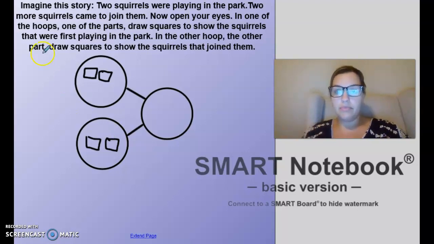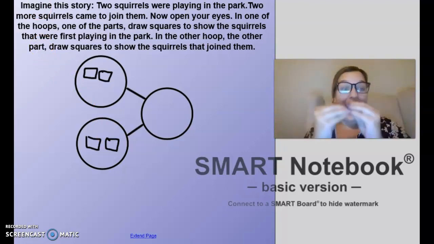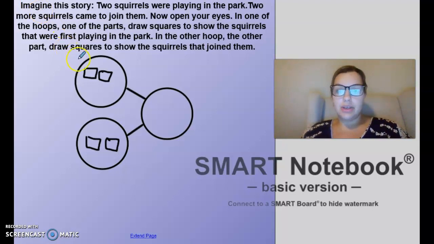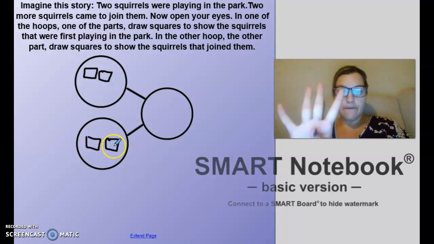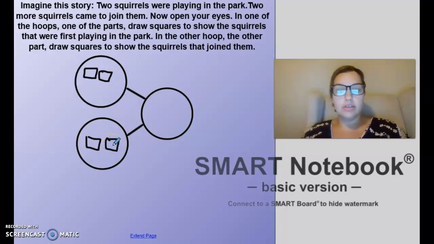So to figure out our whole, what do we do with our 2 parts? We add them together. So here we go. I'm going to count, and I would like you to count with me. 1, 2, 3, 4.